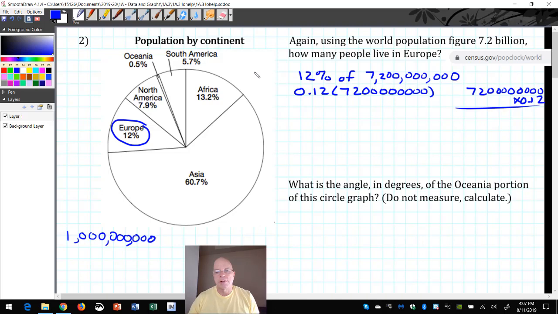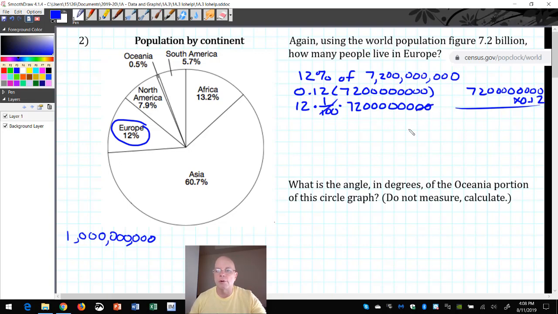What's much better is to understand that this number, 12 hundredths, is literally 12 1/100ths, and this 7.2 billion figure is, let's just go ahead and write it, but it's clear that if I take 100th of this number, you can just knock off 2 zeros there.